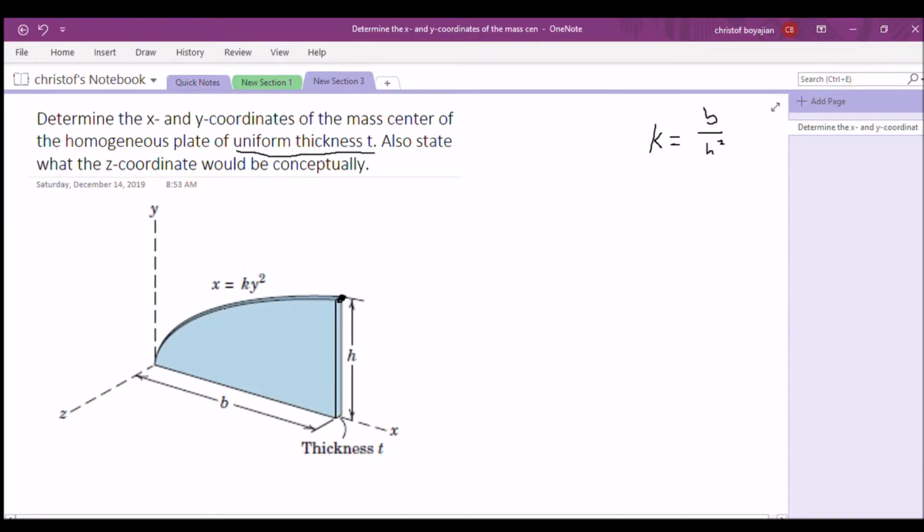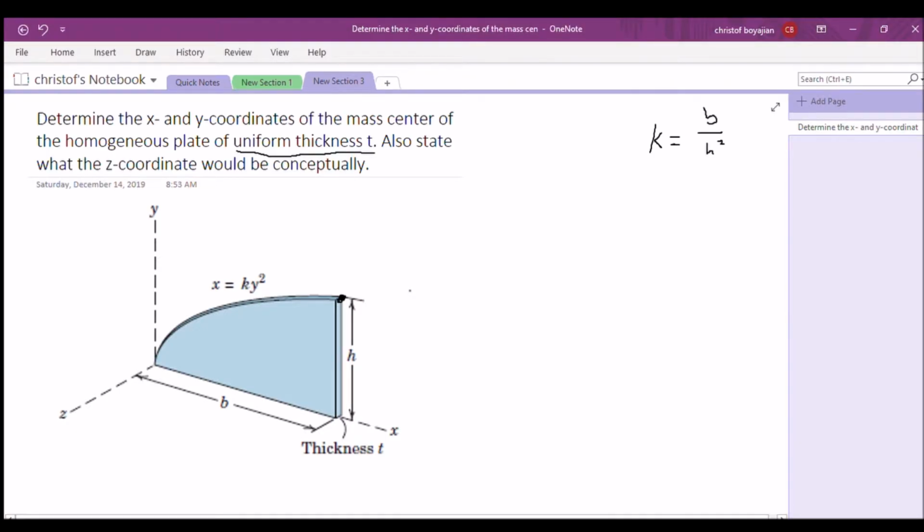So now let's go ahead and make a cross section. Now, should we make a cross section with respect to y or with respect to x? What I mean by that is, should I make a cross section where I'm adding up all of these dx's on the bottom, or should I be adding up dy's on the top?